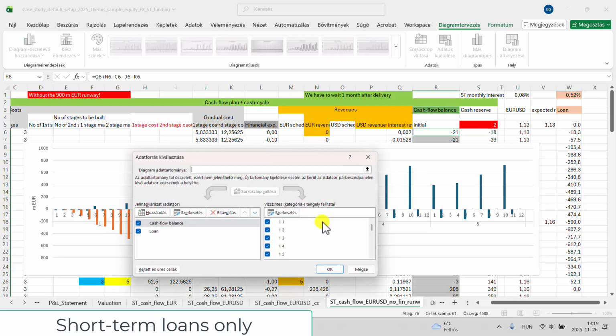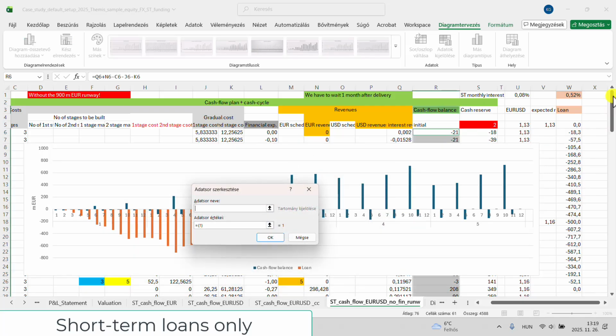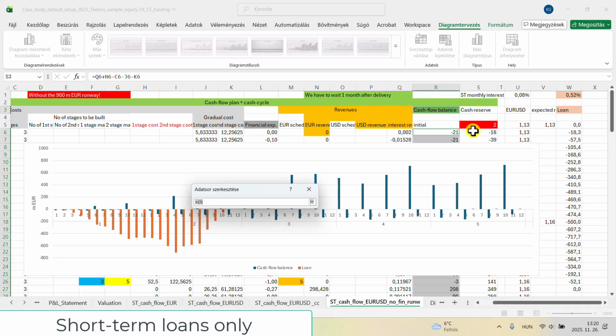Also, we can add one more thing, so cash reserve. It's always nice to see the cash reserve. So this is your name, and these are the values.